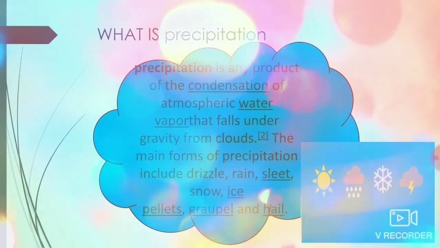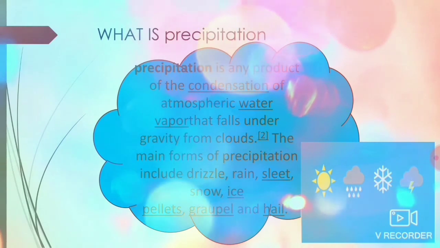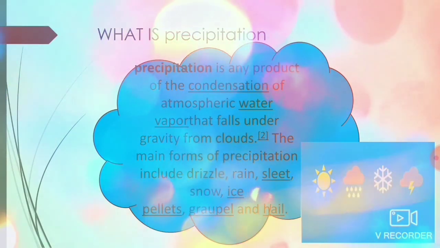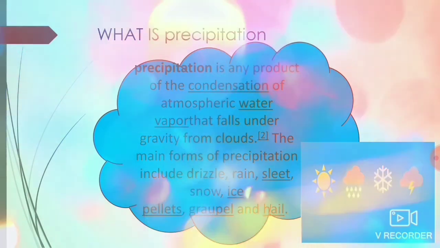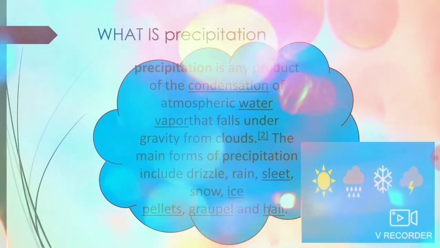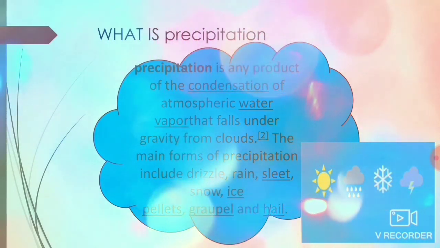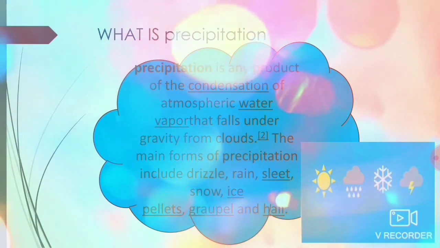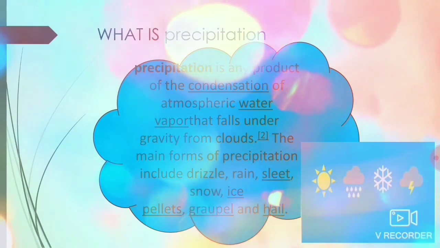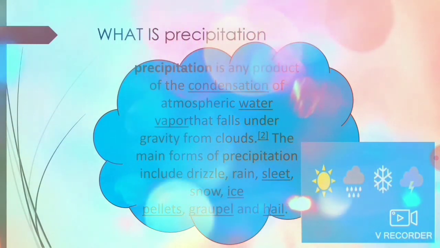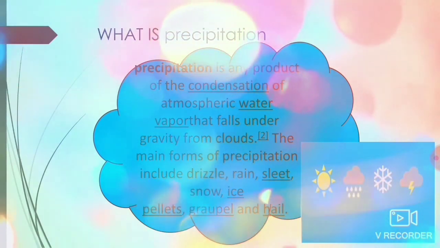And for precipitation, what instrument will we use? To measure the amount of droplets which fall from the cloud, we use the instrument called a rain gauge, which can measure the amount of precipitation.